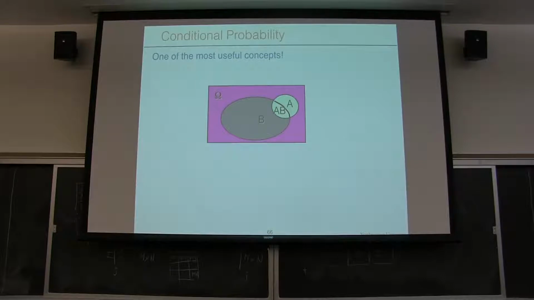Okay? Now, if I tell you that B has happened, what can I say about the probability that A is also going to happen? How are they related? Does it help me knowing that B happened? Yes. Why?